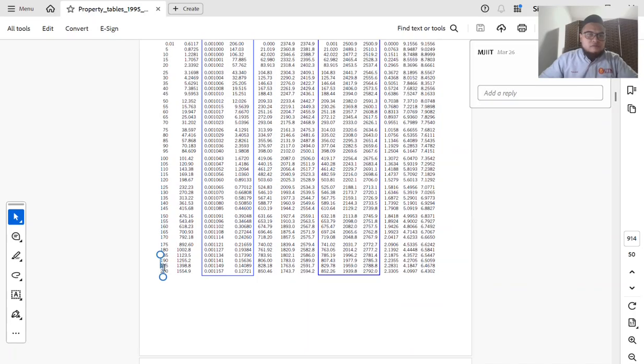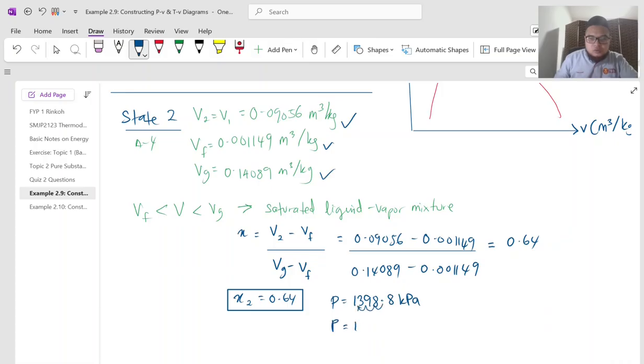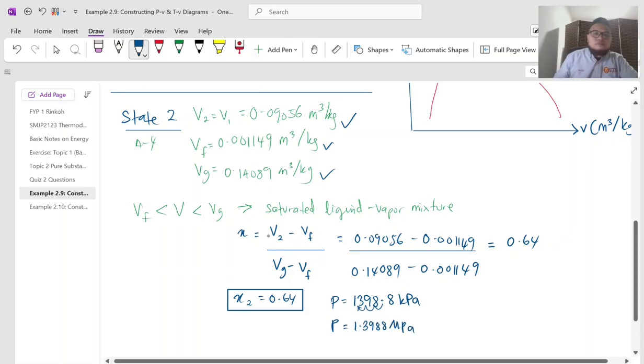We know that from the table at 195, the pressure is 1398.8 kilopascals. So pressure equals 1398.8 kilopascals, or 1.3988 megapascals. Let me just box that in red.